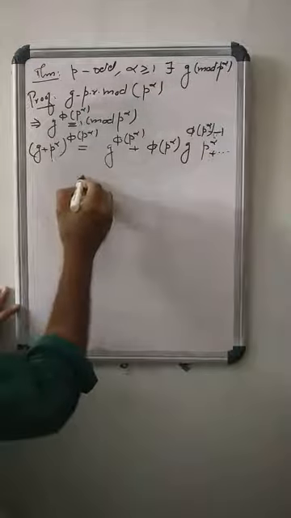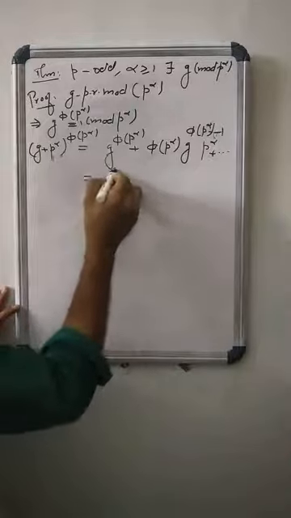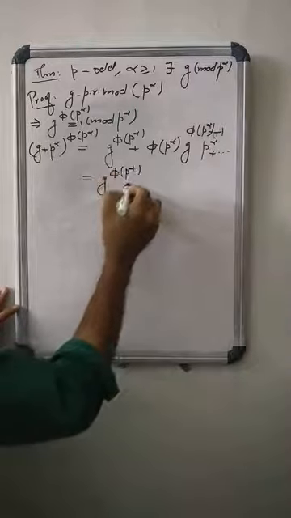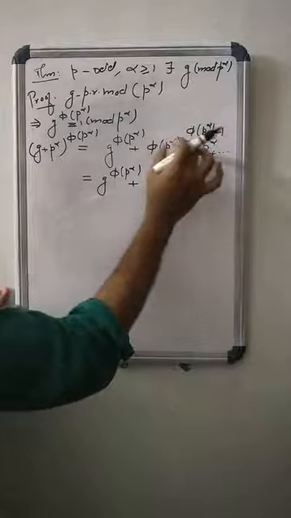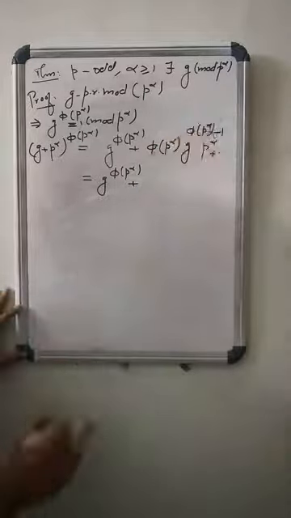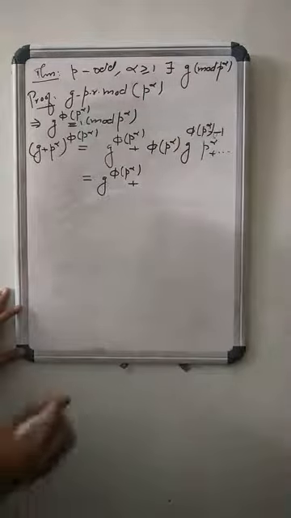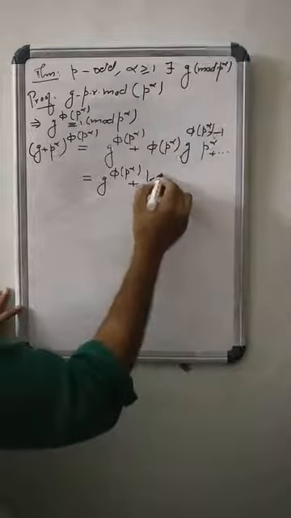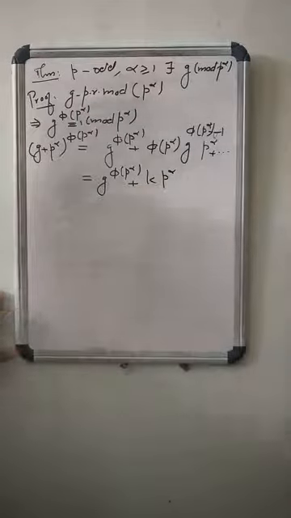So that is g^φ(p^α) plus φ(p^α) into g^(φ(p^α)-1) times p^α, which is some k times p^α.